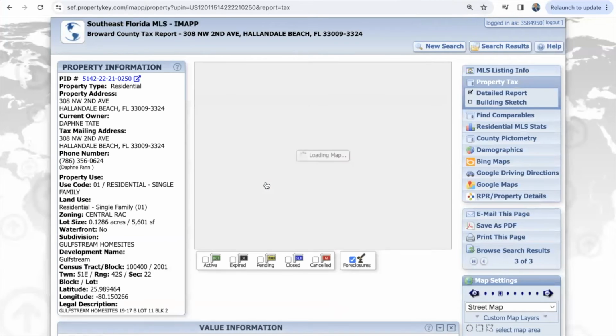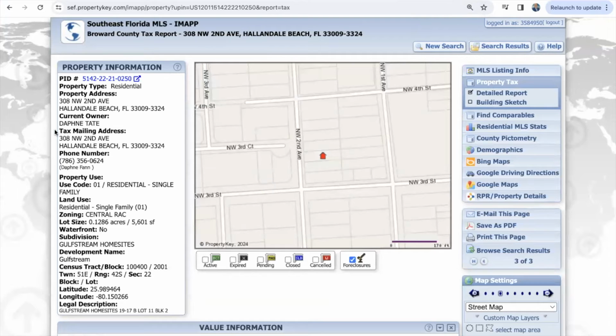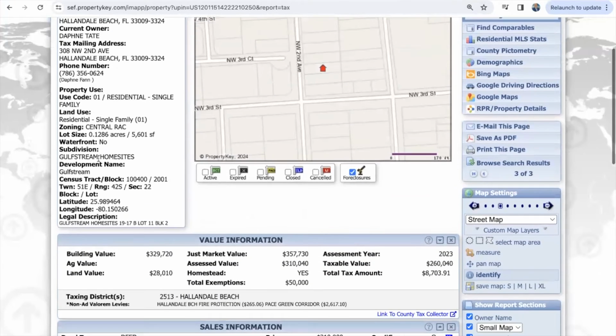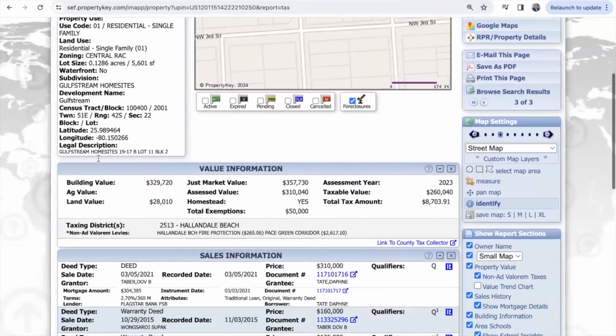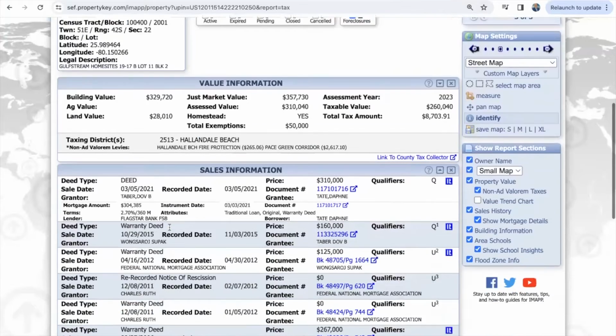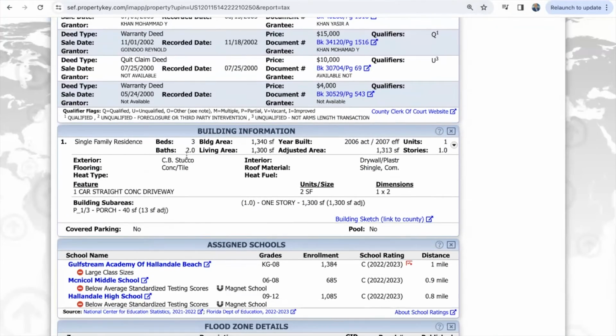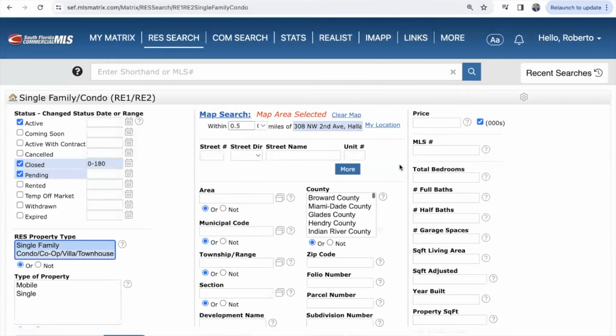Okay. All right. So if you didn't know the characteristics of the property, now you know here. We see that the lot size is 5,600 square feet. And then we see the characteristics down here that it's a 3 bedroom, 2 bathroom, 1,300 square foot home. Okay. So we're gonna go here to matrix and we're gonna do 3.